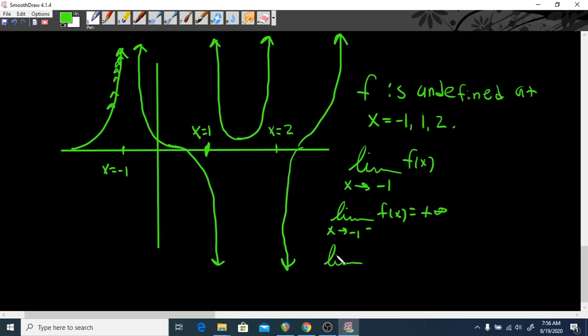The limit as x approaches -1 from the right of f of x, well, once again, we're going to sketch closer to -1. Y is going to positive infinity.